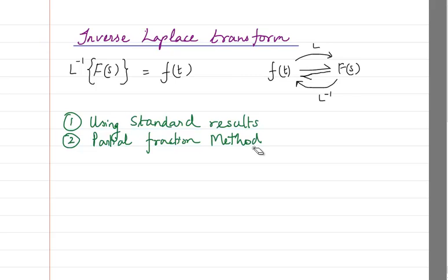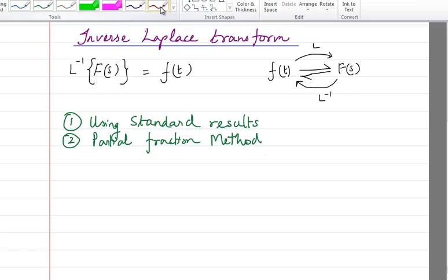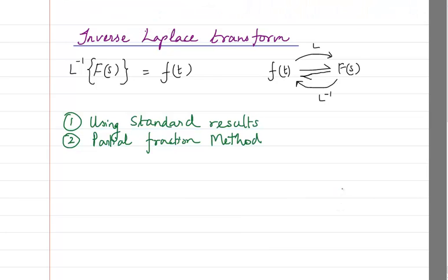Because with the help of partial fraction method, I had just now shown you that suppose you have a function which is 1 divided by s plus 2 into s plus 3, we can write it in this form, that it is 1 divided by s plus 2 minus 1 divided by s plus 3.